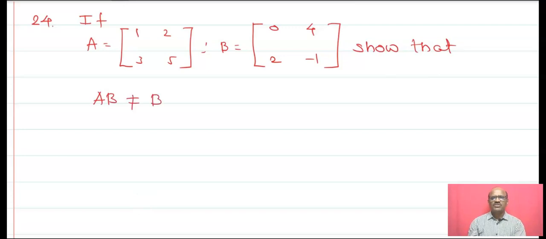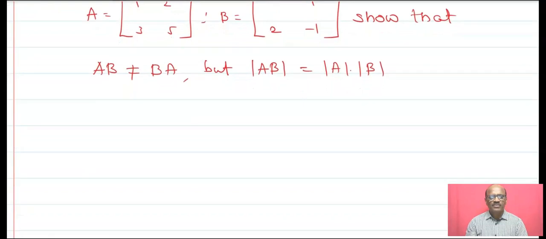That is, if A is equals to 1, 2, 3, 5, show that AB is not equals to BA, but determinant of AB is equals to determinant of A into determinant of B. Now first of all, find out the product AB.